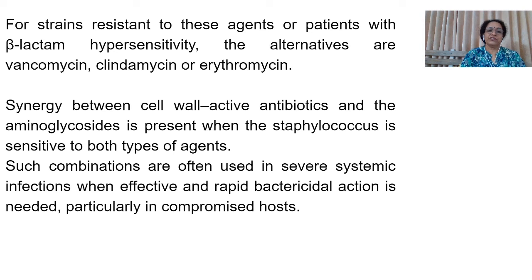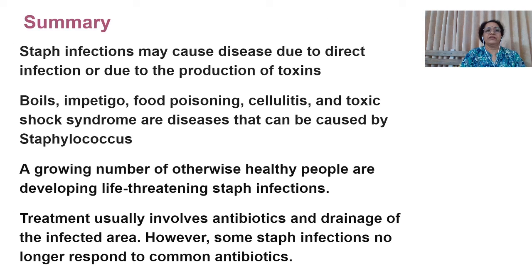Such combinations are often used in severe systemic infections, that is, when there is involvement of the bloodstream, when effective and rapid bactericidal action is needed. This is mainly for the immunocompromised host. Use of both types of drugs in the treatment of a disease.